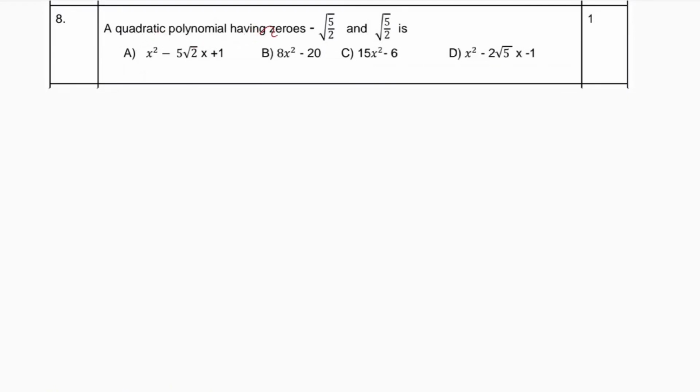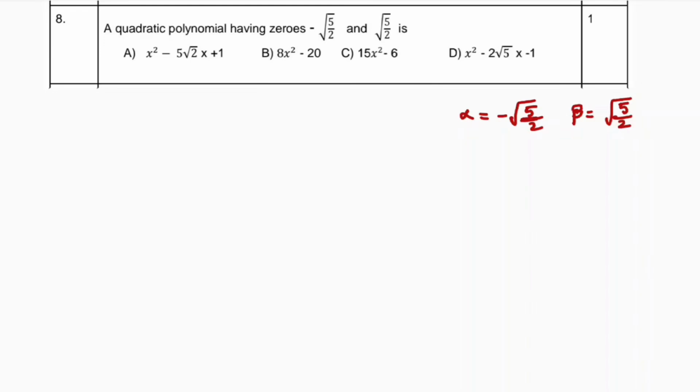A quadratic polynomial having zeros. See, one is minus root 5 by 2, so alpha is minus root 5 by 2. And beta I'll consider as plus root 5 by 2. So I have alpha and beta.